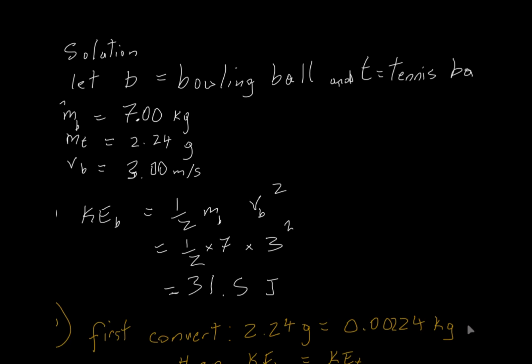For part B, we have to first convert the 2.24 grams, and when you divide by 1,000 that gives you 0.00224 kilograms.